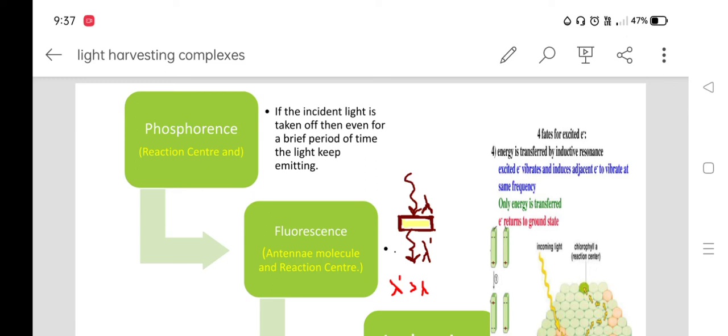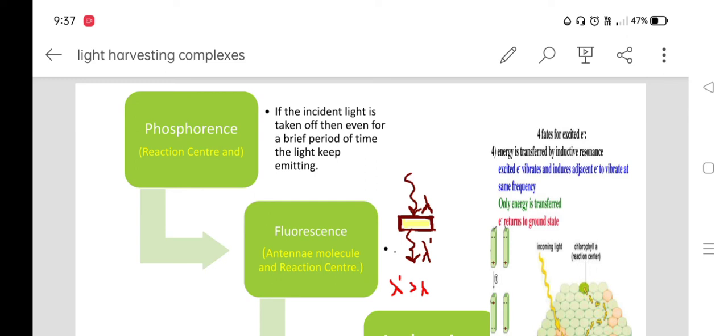molecule. If the incident light is taken off even for a brief period of time, the light keeps emitting. This phenomenon is related to this: suppose I am emitting a light at a specific molecule, and then I remove the light, meaning I take off the source of light, and there will be shady or dark conditions.